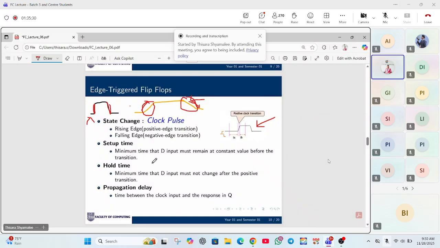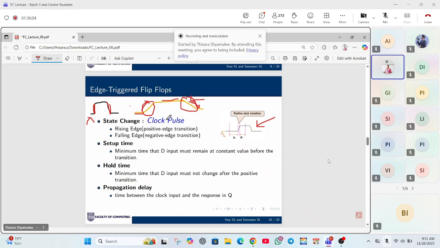The setup time is the minimum time that the D input must remain at a constant value before the transition. According to this, we can take the setup time here. Before the rising, before the positive transition, this is the setup time. And also before the negative transition, this will be the setup time.